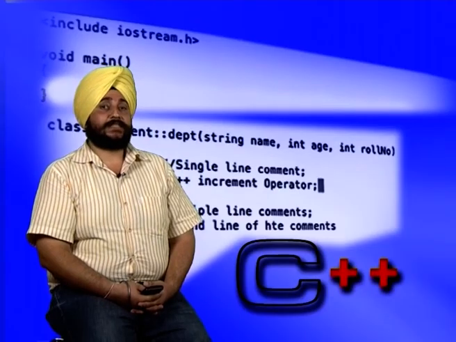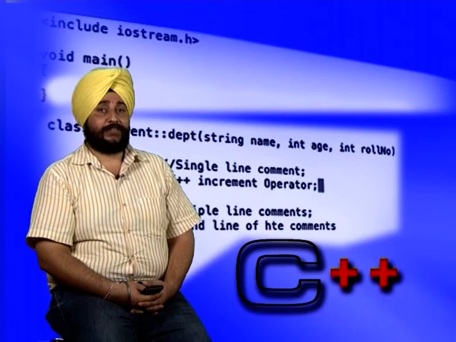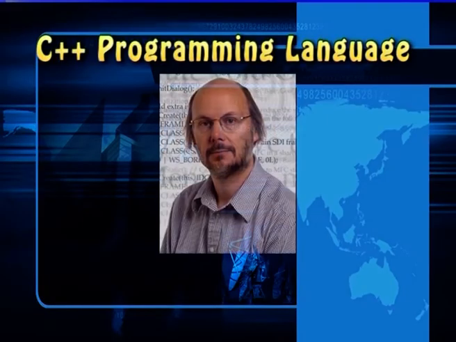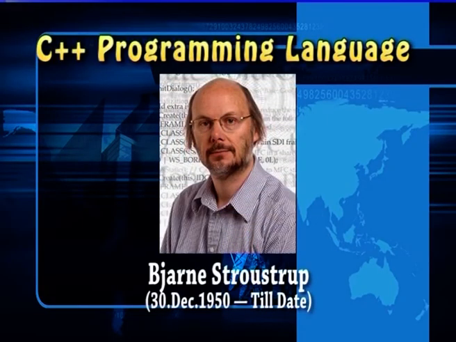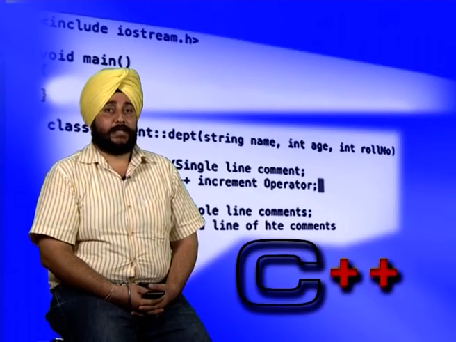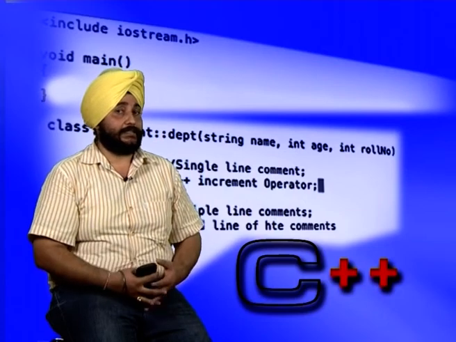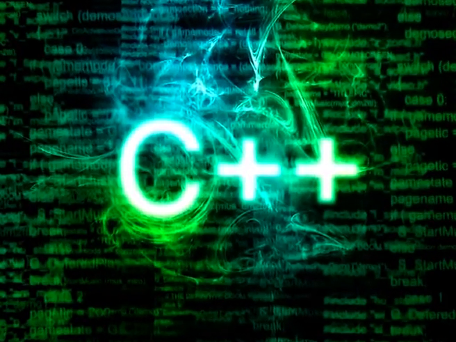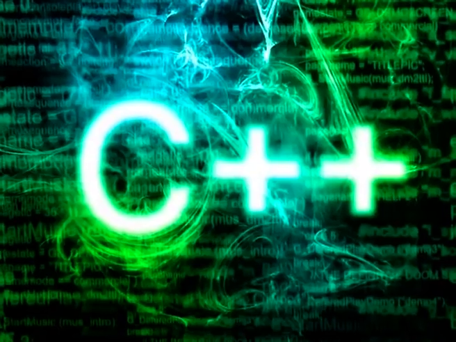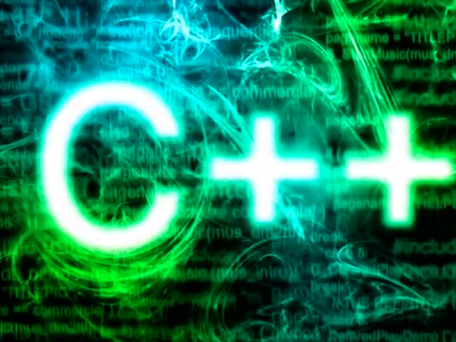The C++ language was conceived and developed in the early 1980s by Dr. Bjarne Stroustrup at AT&T Bell Labs in New Jersey. Dr. Stroustrup developed C++ as an object-oriented C, or C with classes. Today, C++ is quickly replacing C as the predominant programming language on the planet.